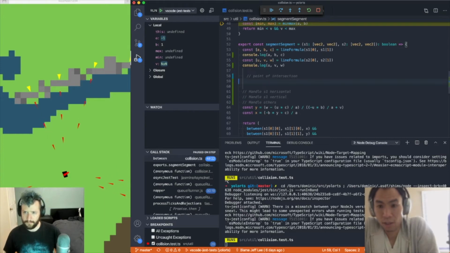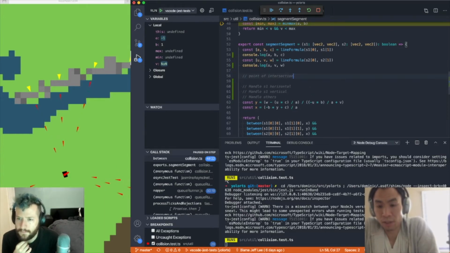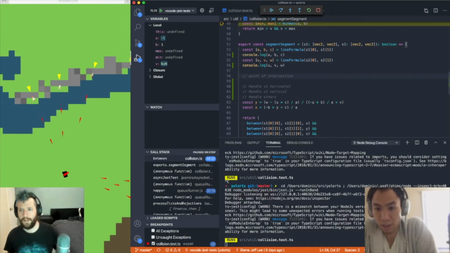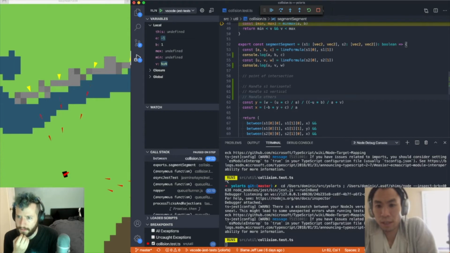Mm-hmm. The second case where this is going to fail is if the denominator on the expression for const y is 0. So that's that minus 0 times b divided by a plus v, that whole expression. Right. Okay. And that's a complicated expression. It includes coefficients from both the first segment and the second segment.